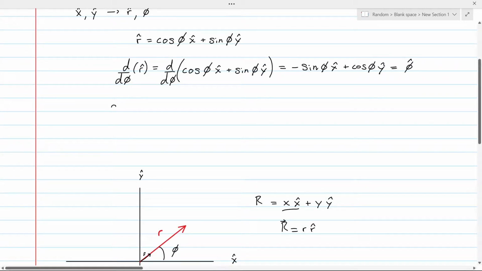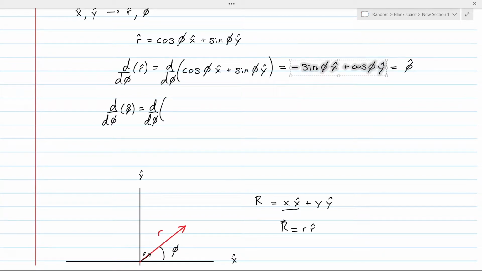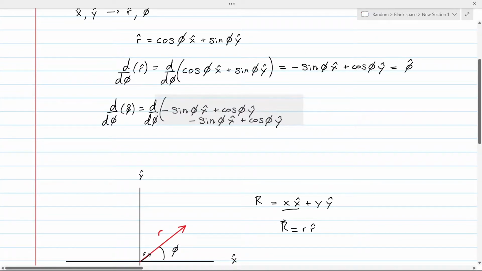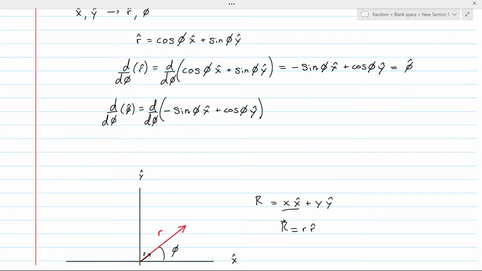Next, what is the derivative of phi hat with respect to phi? Well, it's the derivative with respect to phi of this, which is minus cosine phi x hat minus sine phi y hat.